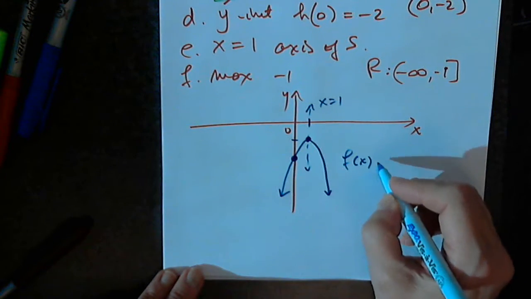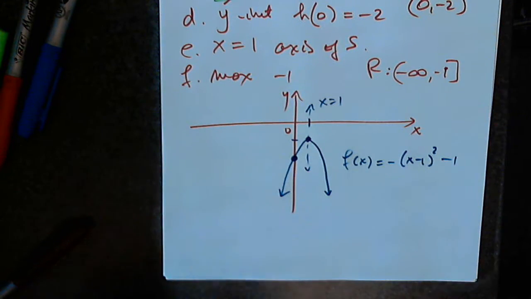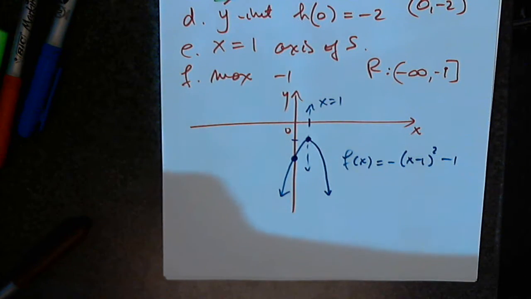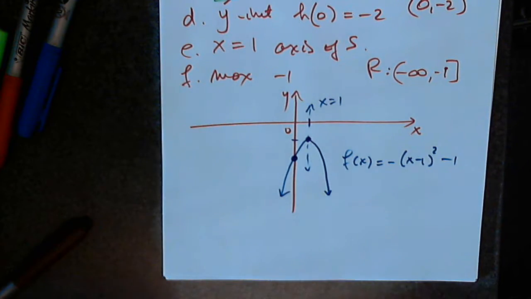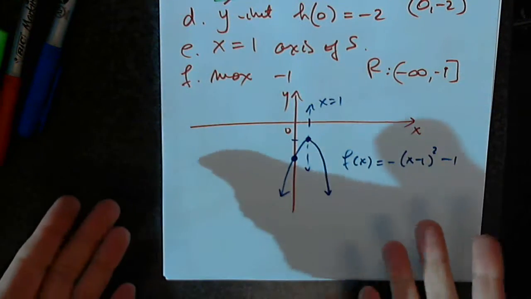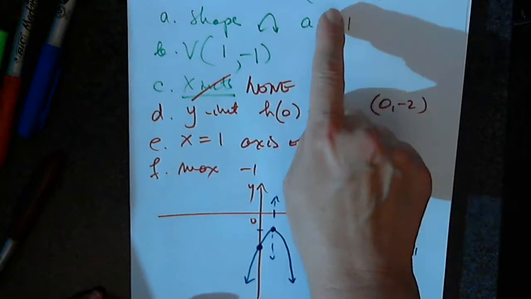And this is f of x equals negative x minus 1 squared minus 1. Any questions on this? As you've noticed, we went through exactly the same steps.